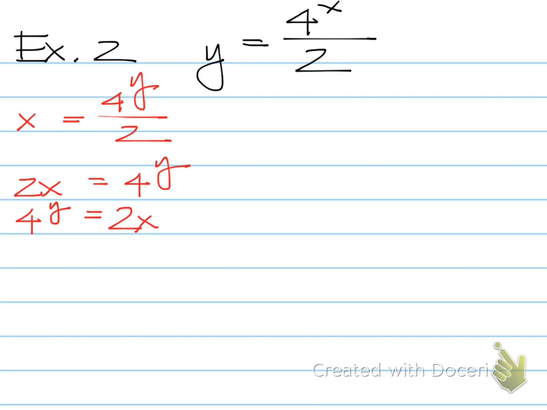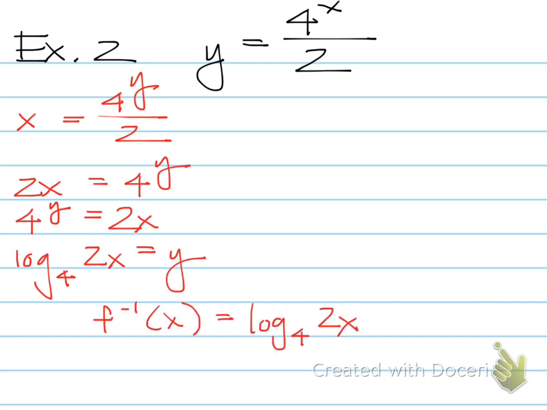So log base 4 of 2x equals y. And now that we've solved for y, we just replace the y with f inverse of x.